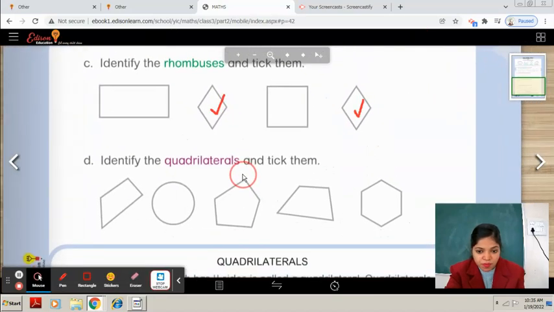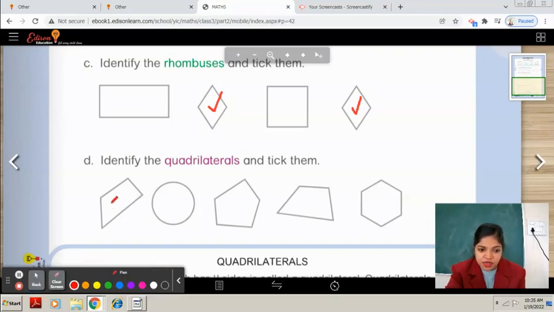Now, in the fourth part we have to identify the quadrilateral. What is a quadrilateral? A four-sided shape is called a quadrilateral, right? So you can see in the first part, 1, 2, 3, 4. This is a four-sided shape. So this is a quadrilateral. Tick on it. This is a circle, not a quadrilateral.